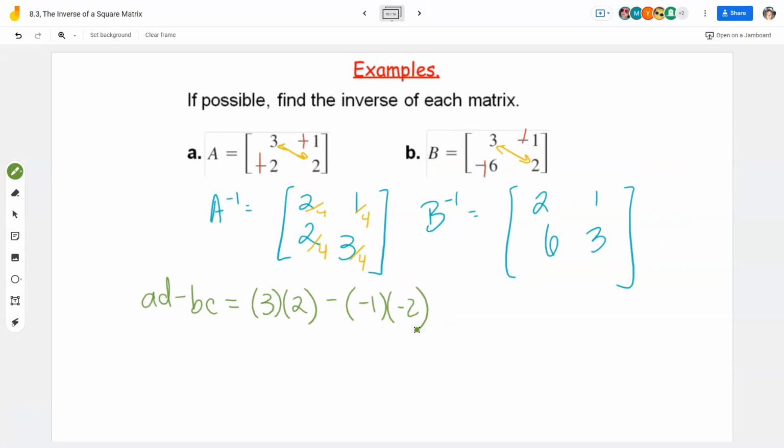So what's 6 take away 2? 4. Is this invertible? Yes. Why? Because it's not 0. The answer is yes. So the inverse would come from 1 over 4 times my pattern of 2 and 3 and 1 and 2. But wait a minute. Why didn't we have to think about this before?